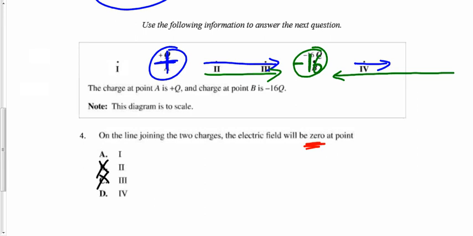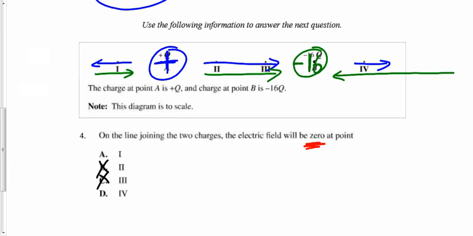Those of you who said A must be correct. But let's just double check that, okay? The field caused by the blue here is away from the blue. The field caused by the green is toward the green. How do I know they're the same length? The green charge is 16 times the charge of blue, right? Doesn't that make for a bigger field? Yep.